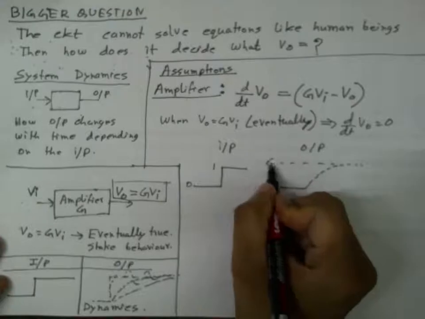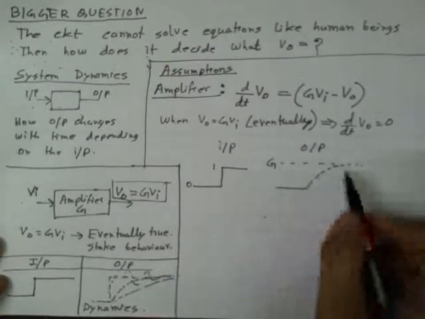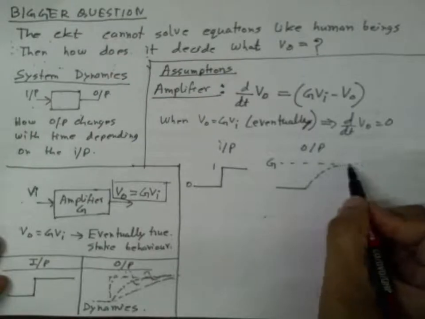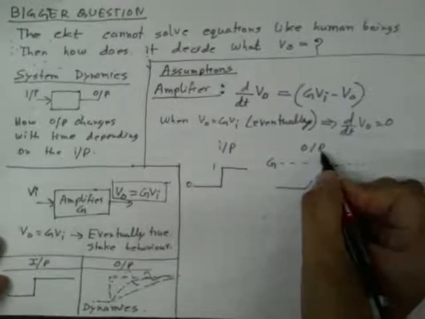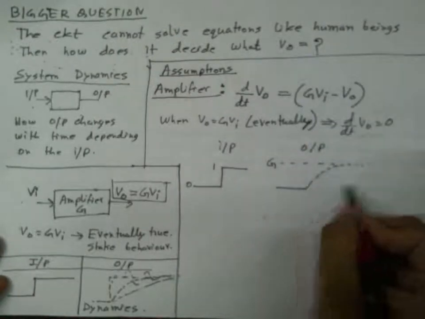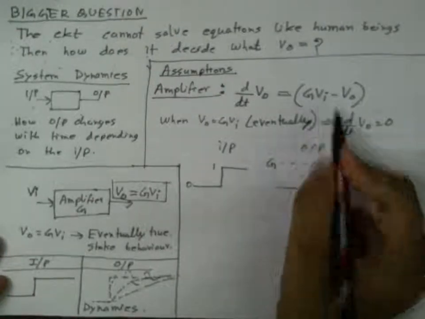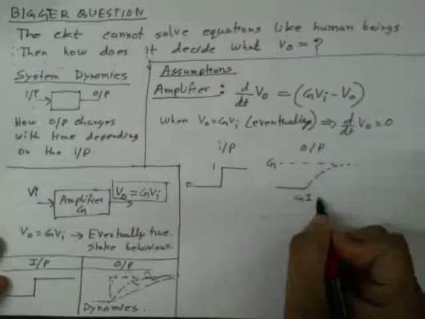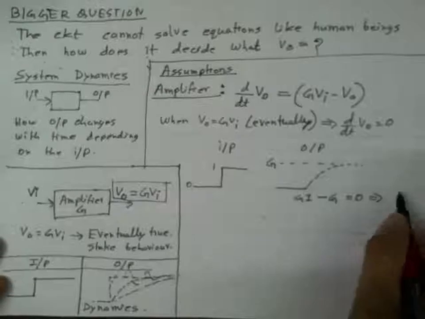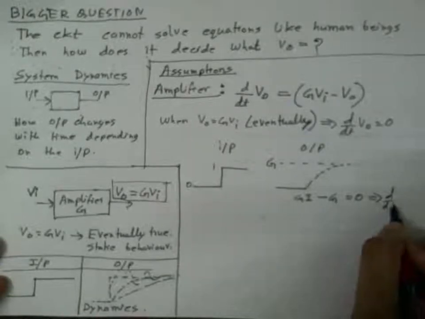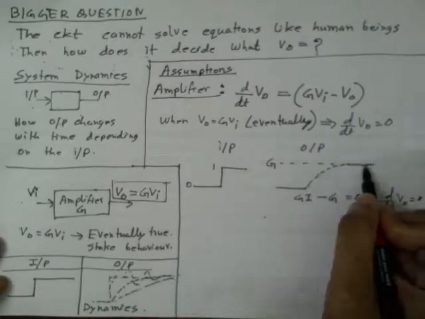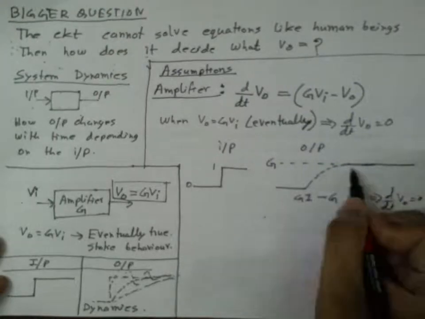So this value will become g, and when V_o is equal to g, we'll have g times (1 minus g) equal to 0, implying d/dt of V_o equal to 0. So at this point the output won't change anymore and it will stay flat, stay constant.